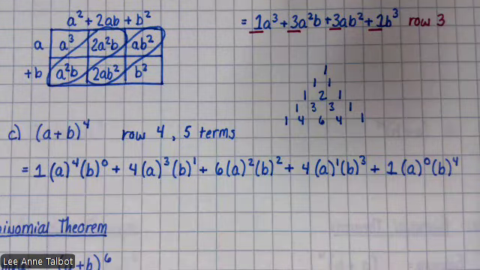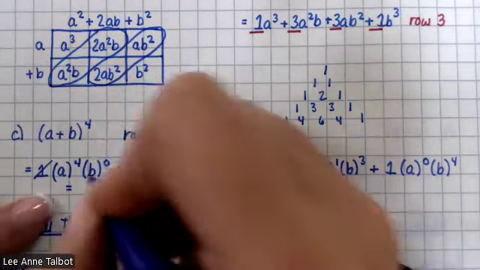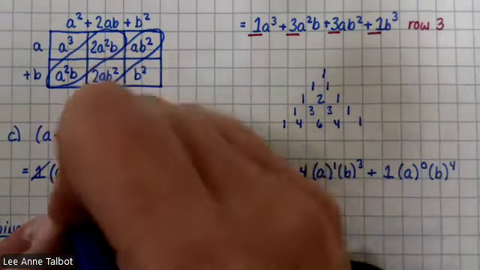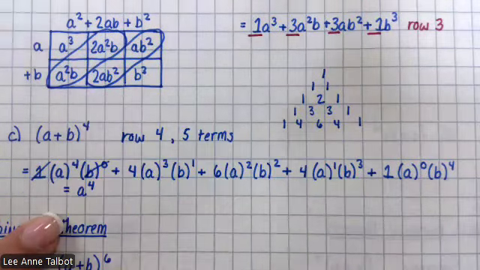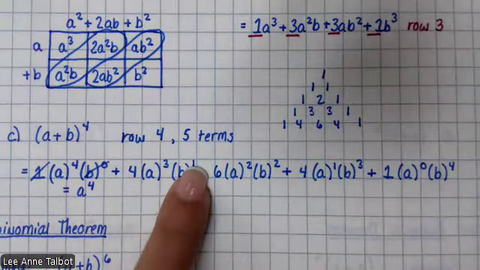Okay, and then what you do is you clean it up. So you don't write the 1. B to the 0 is 1. So those just cancel out and you have A to the 4th. You don't write the 1 exponent.